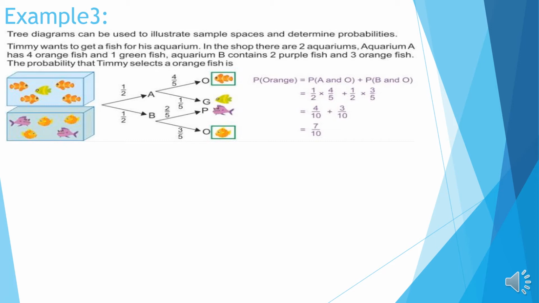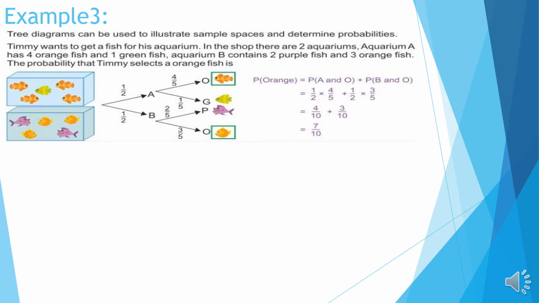So in the first case, the first two arrows: the probability of A is half, the probability of B is half. Now, what is the probability of drawing orange knowing that it comes from A, the probability of orange such that A?